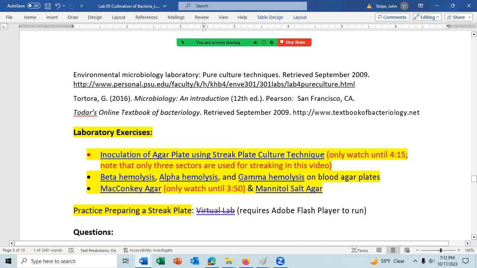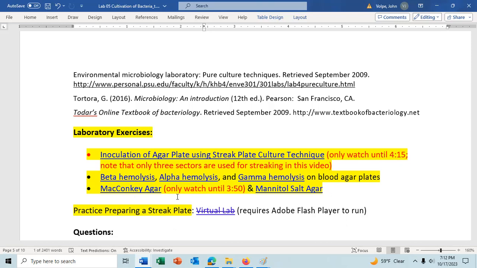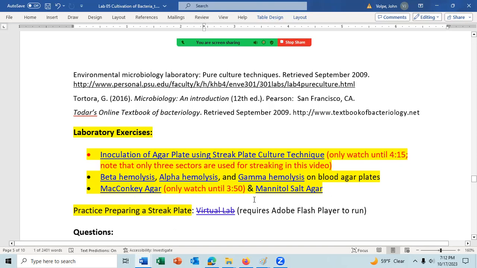So watch these 3 videos. Then watch the video on MacConkey's agar. Once again, on this video, you only need to watch the video for 3 minutes and 50 seconds into the video. After that, you do not need to finish the MacConkey's agar video. And then we have a video on mannitol salt agar. So watch these different videos.